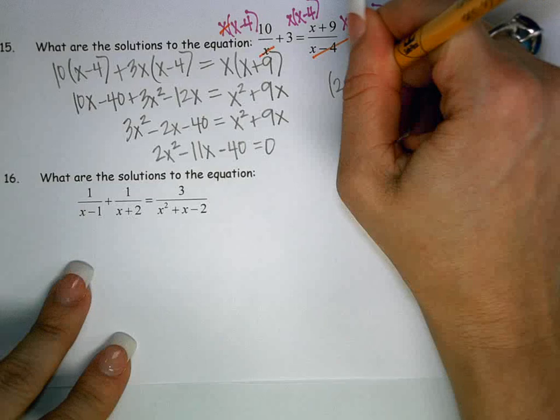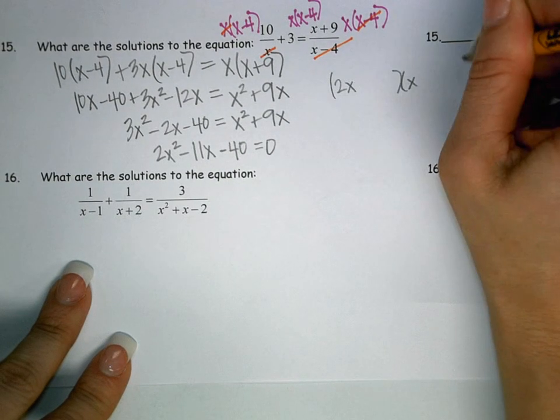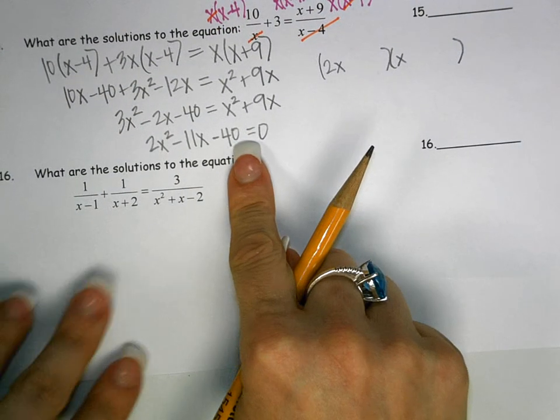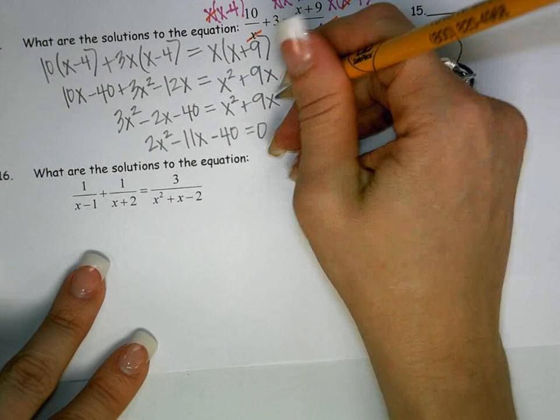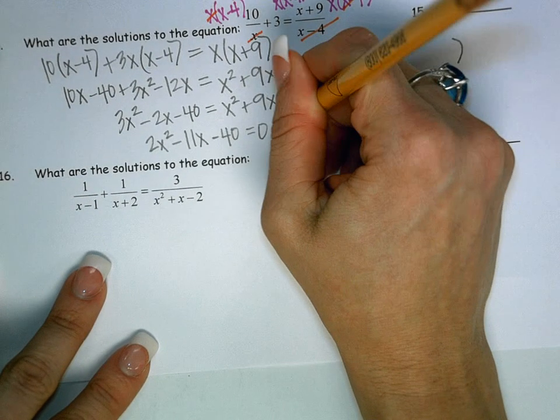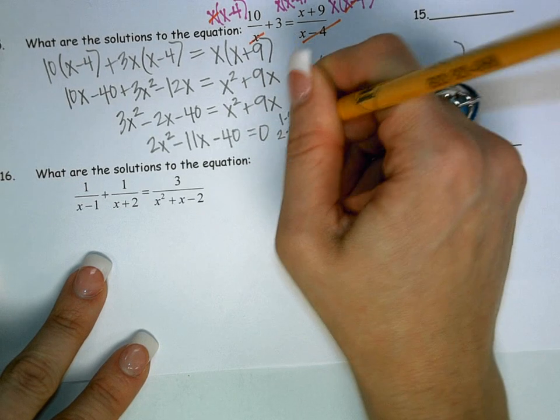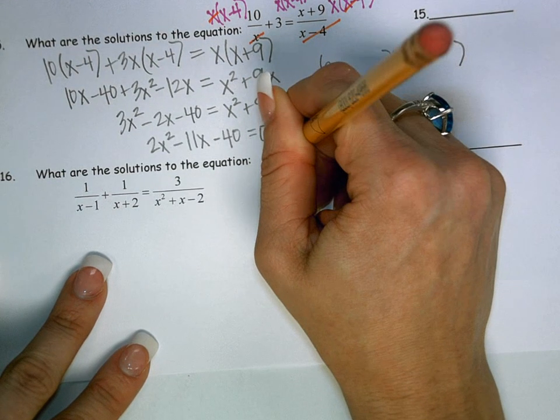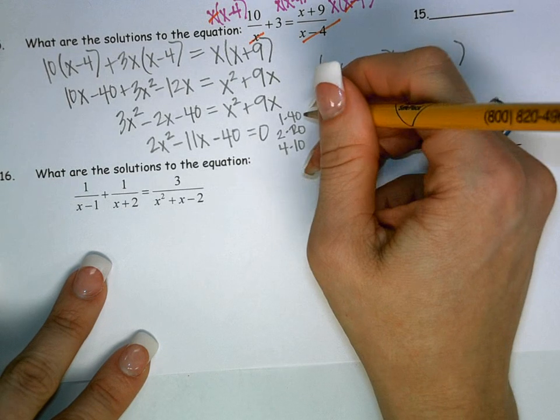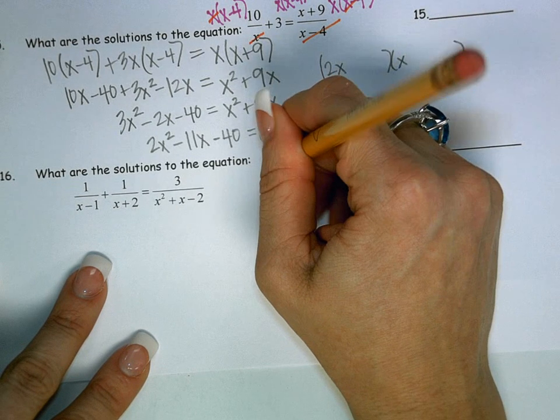Okay, you know that the beginning has to be 2x and x. If you're figuring out what multiplies to 40, your multiples of 40 would be 1 and 40. What else? 2 and 20. 4 and 10. 5 and 8.